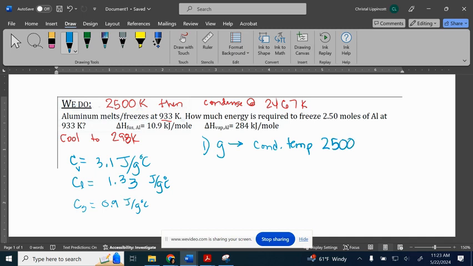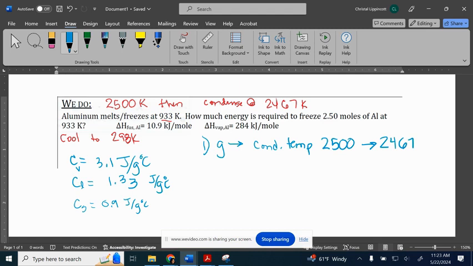Oh, that's Kelvin though. It'll still work because it's the same difference in temp. Okay, yeah, that'll still work. So we're going to take this and we're going to cool it down to the point where it's going to condense. So that's going to be 2467.